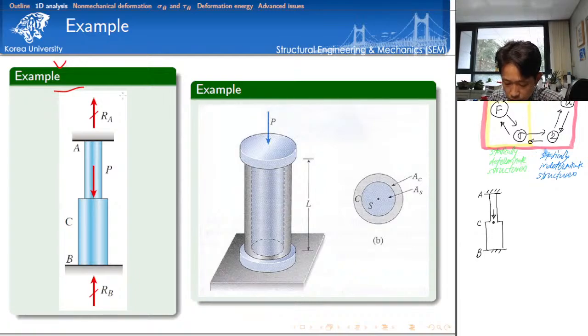Here, because point A and point B are fixed, there must be some reactions. We must have some reaction here, okay? Reaction RB. And point A is also fixed. That's why there must be another reaction, RA.